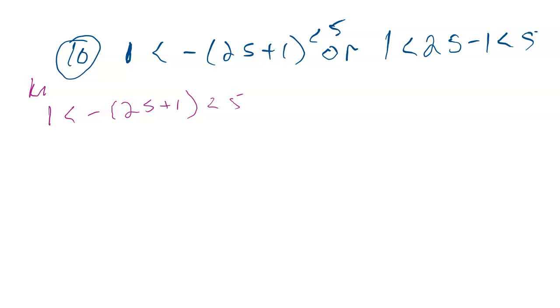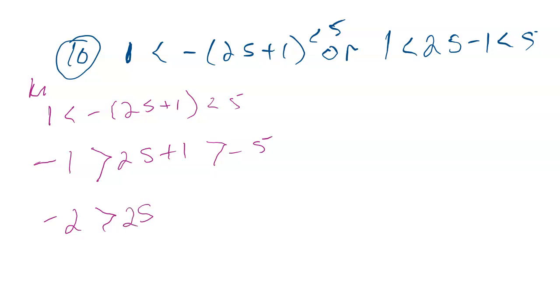Divide both sides by negative, so I'll get negative 1 is less than 2s plus 1. Actually, divide by negative, we're going to switch the inequalities. This is going to be greater than negative 5. Subtract negative 1 from both sides. So there's going to be negative 2 is greater than s.